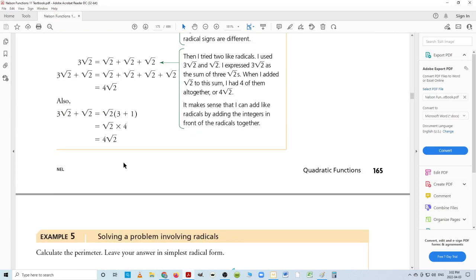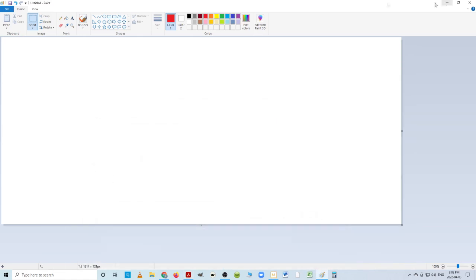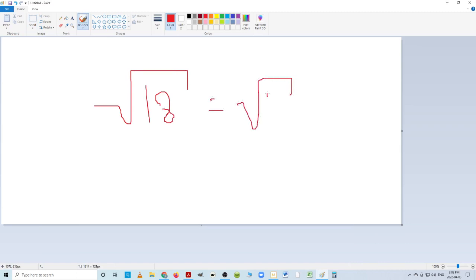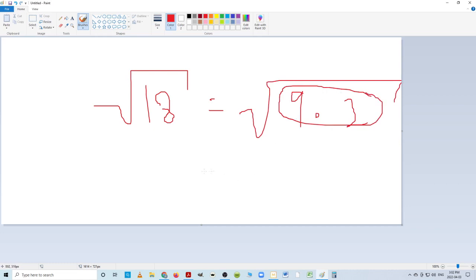And the other thing you want to get used to is simplification of a square root. And when you look at square root of 18, there's not much we can do to it until we realize that that's the same as square root of 9 times 2, or 18 is 9 times 2 in there. Well, you're allowed to break that up. And you can always test yourself and figure out if this is true.